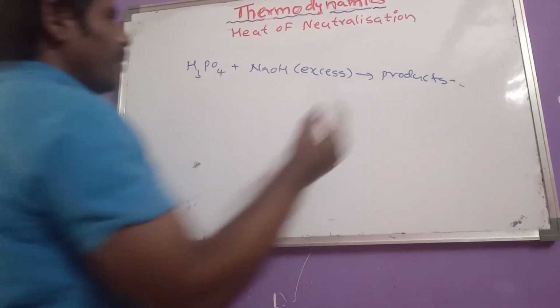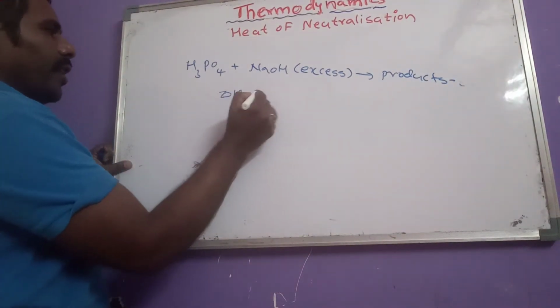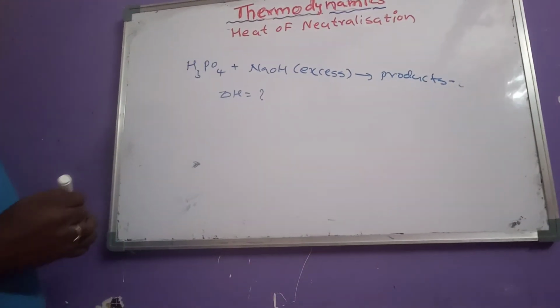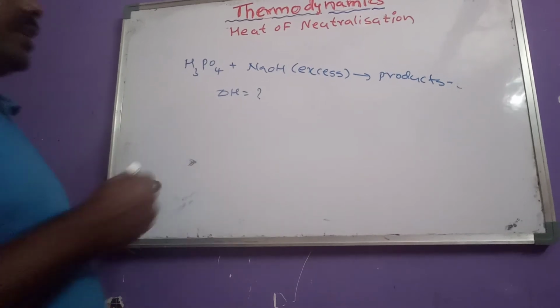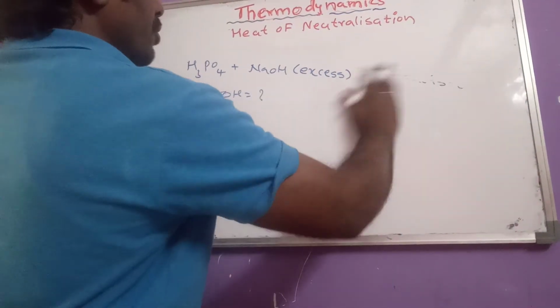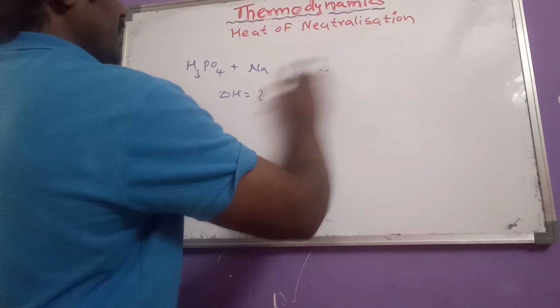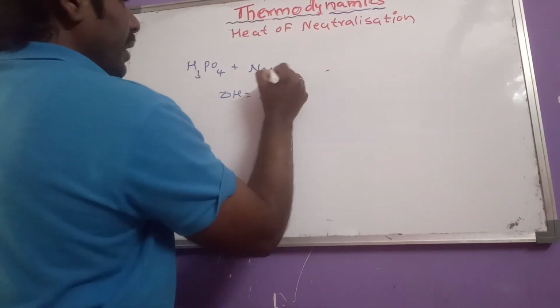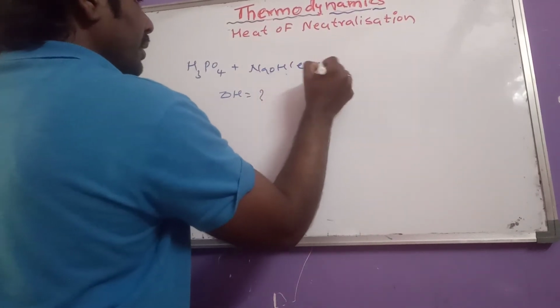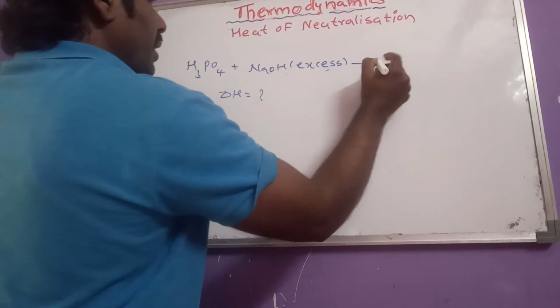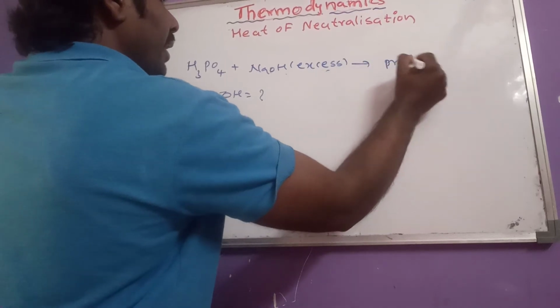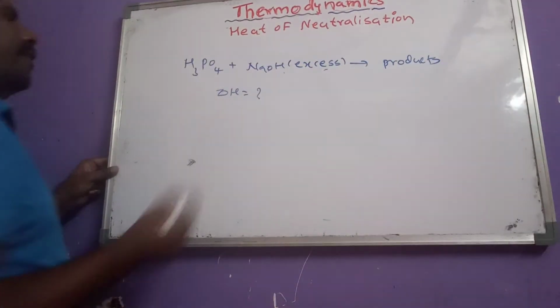Now what is the delta H value for this reaction? See here, NaOH is given in excess amount. So NaOH is not the limiting factor.